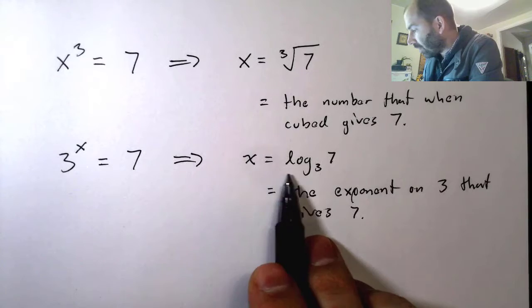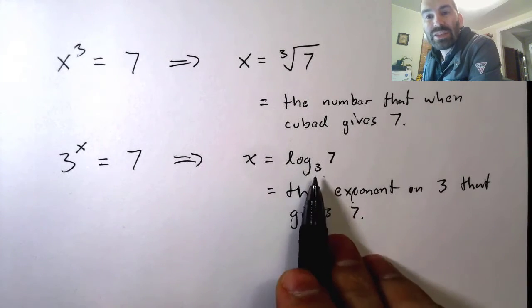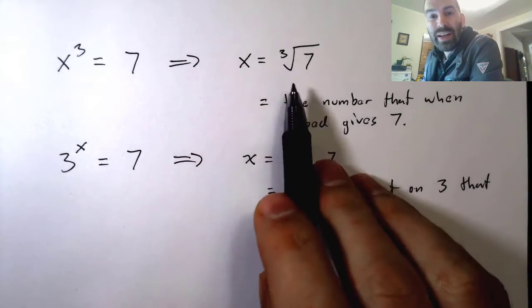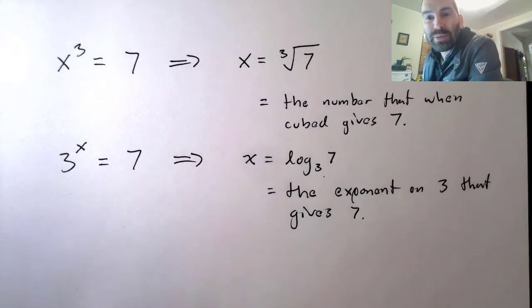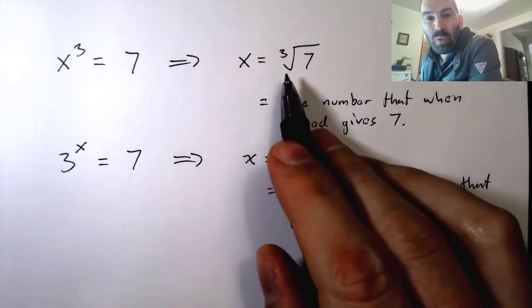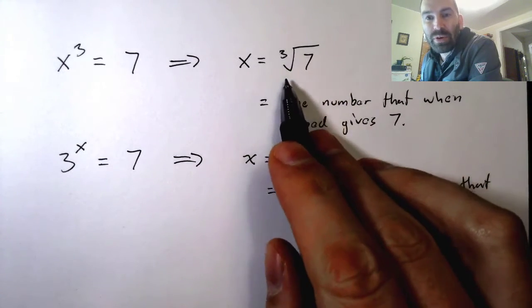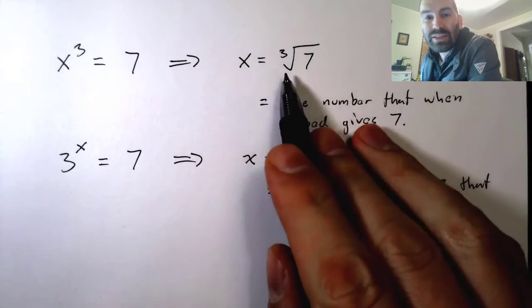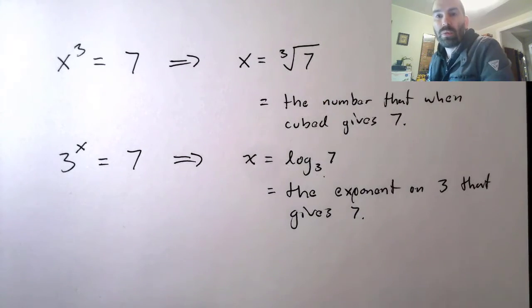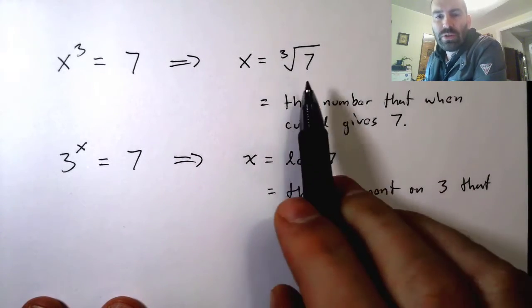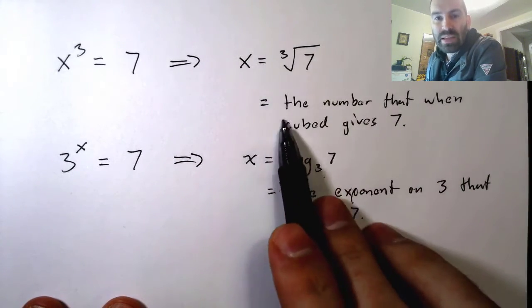So this might look really mysterious to you right now, but that's because you're just not used to it, right? Cube root of 7 is very mysterious to people. What does this symbol mean? Where does that come from? If you've never seen this symbol before, this is going to blow you away. But when you get used to it, you come to terms with the fact that it means this.